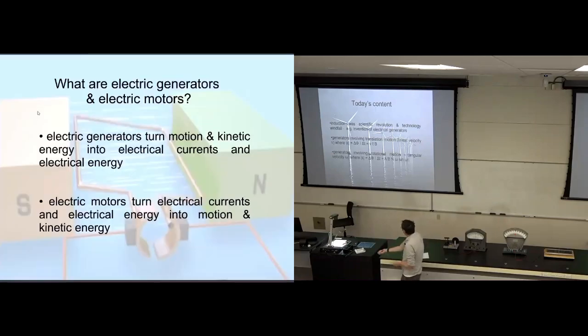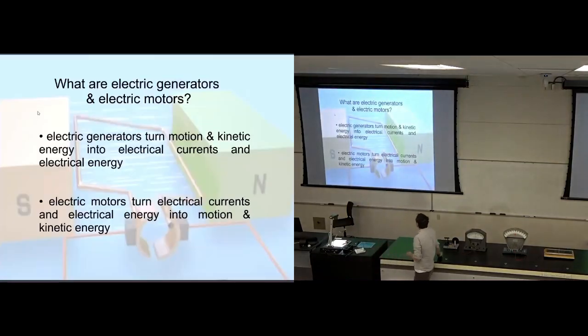Before I get on with this, let me just be clear about what we mean by electrical generators and how they relate to electrical motors. This is the first time in this class we're meeting electrical generators. We actually introduced the idea of electrical motors a few classes ago.